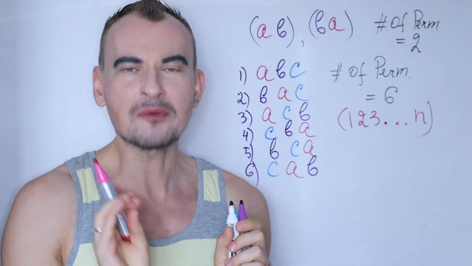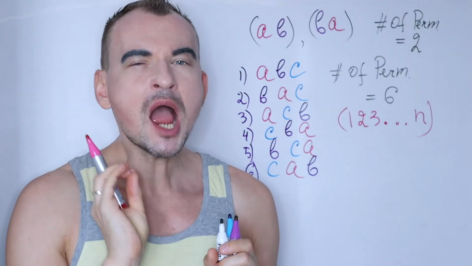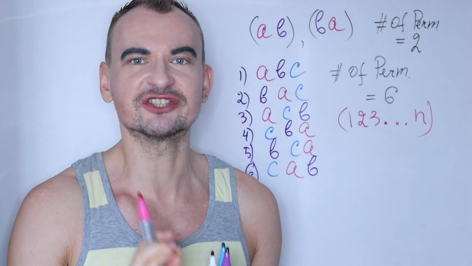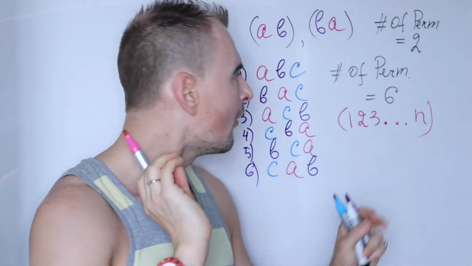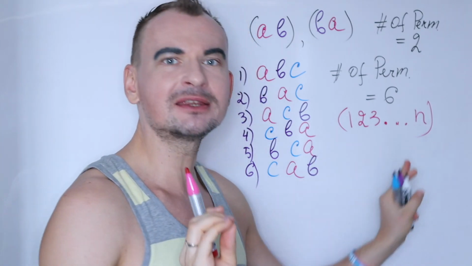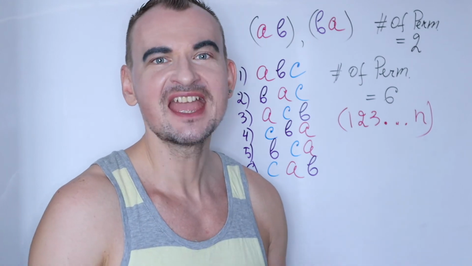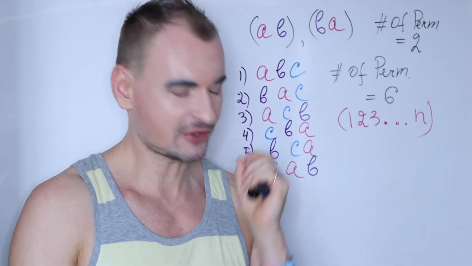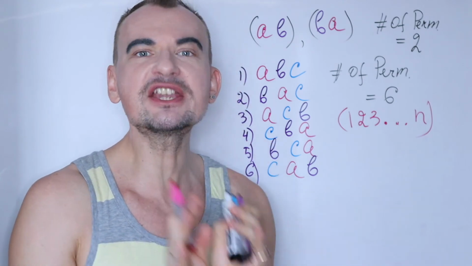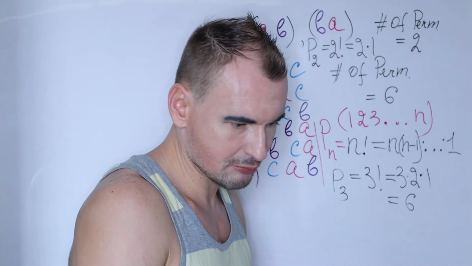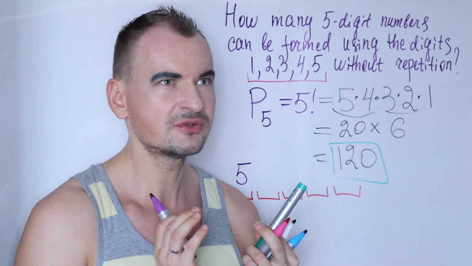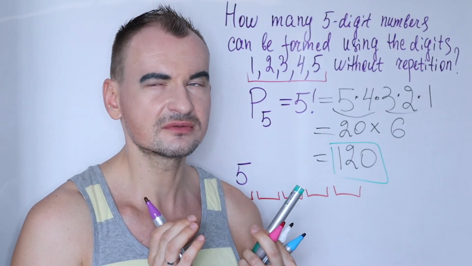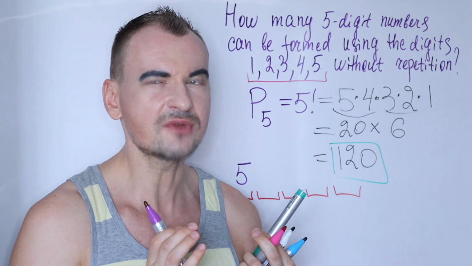I still believe that the question can be raised: how many permutations exist for the set? Okay. So the question.